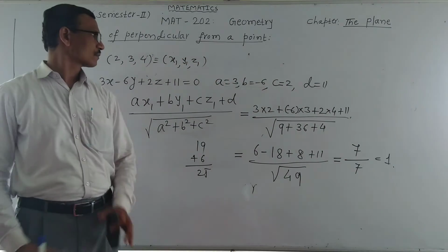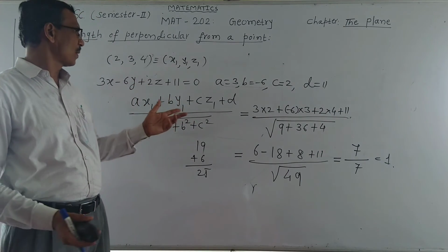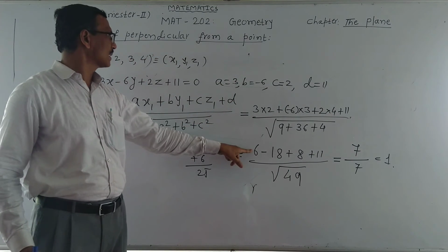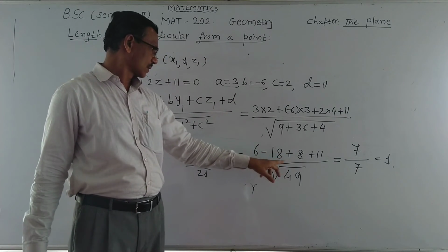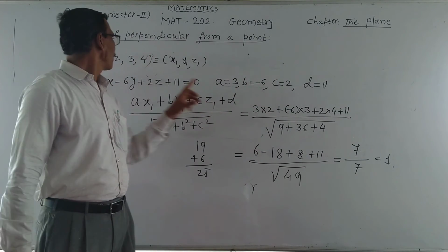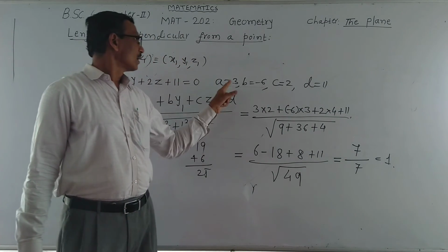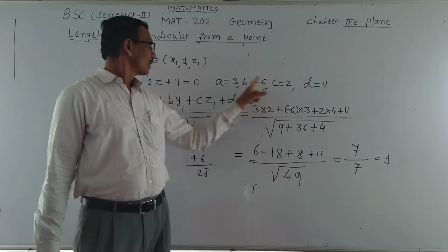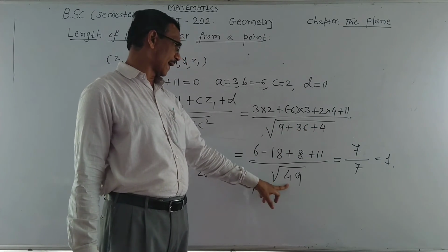Is it clear? We only have to write the formula, put the values and simplify. Again, listen: 3 into 2 is 6, minus 6 into 3 is minus 18, then 2 into 4 is 8, plus D, that means 11, over square root of 3 square plus minus 6 square plus 4, that means 9 plus 36 plus 4, it is 49.